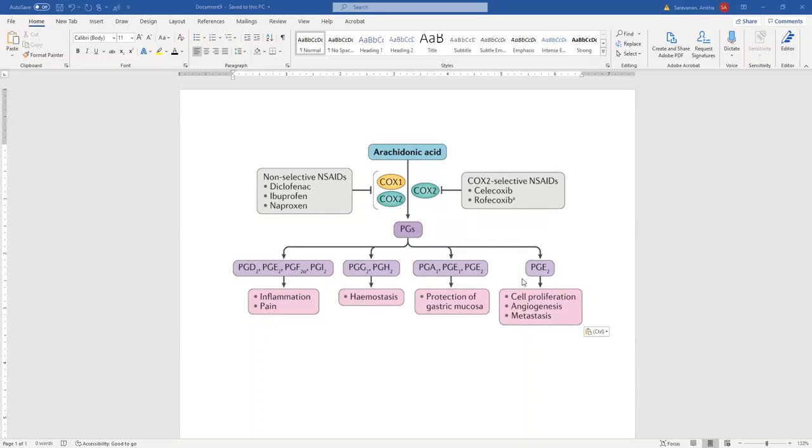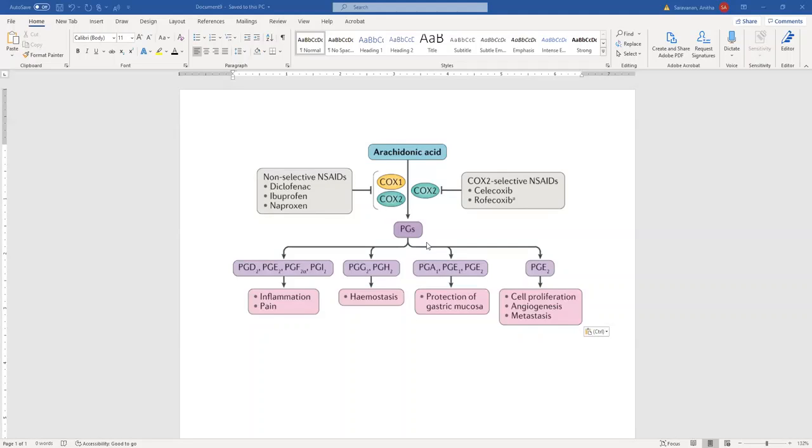So for the purpose of this class, since we're going to talk about anti-inflammatory drugs, we're going to delve a little bit into the COX-1 and COX-2 aspects of this conversion, where from arachidonic acid it converts to prostaglandins, right? So if you look at the COX-2 inhibitors, more recently they have found COX-3 inhibitors as well.